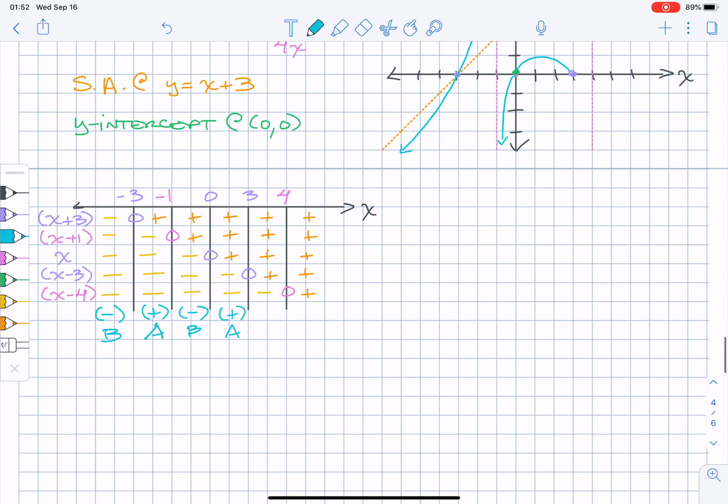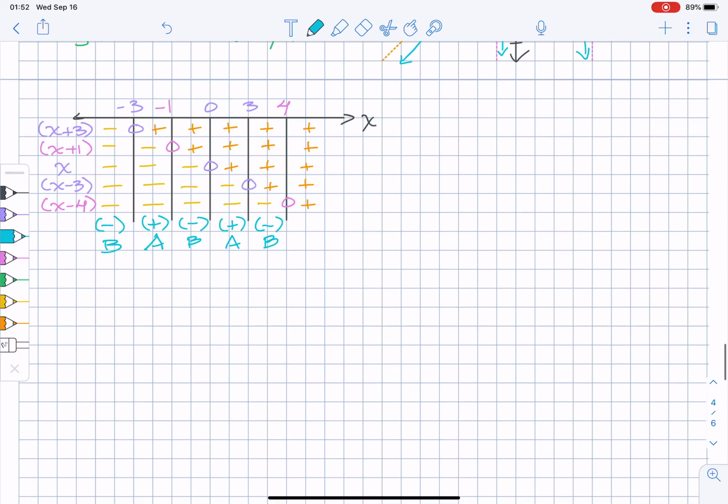Okay, then between 3 and 4, it's negative, so it's beneath the x-axis. And then beyond 4, it's all positive, so it's above the x-axis.